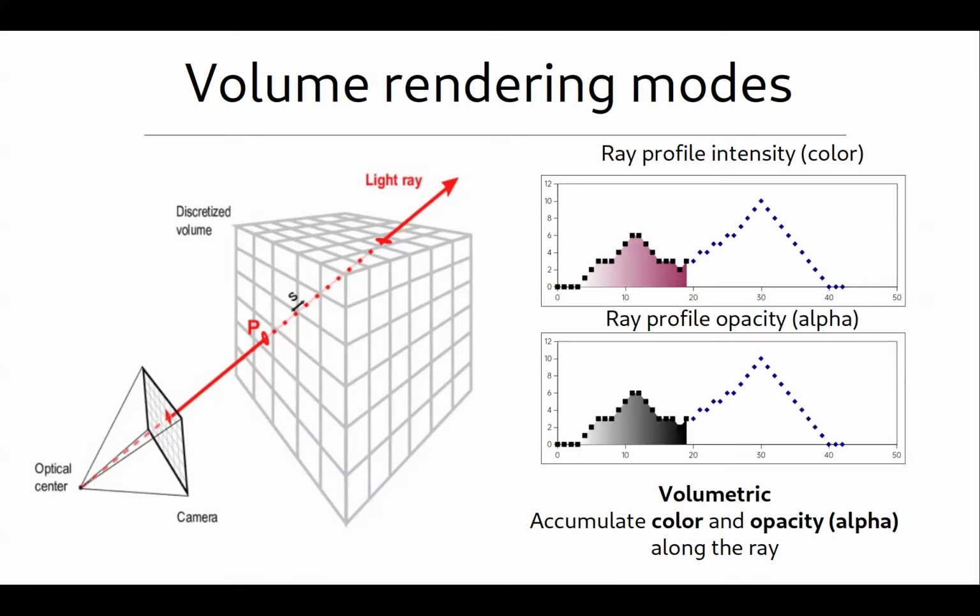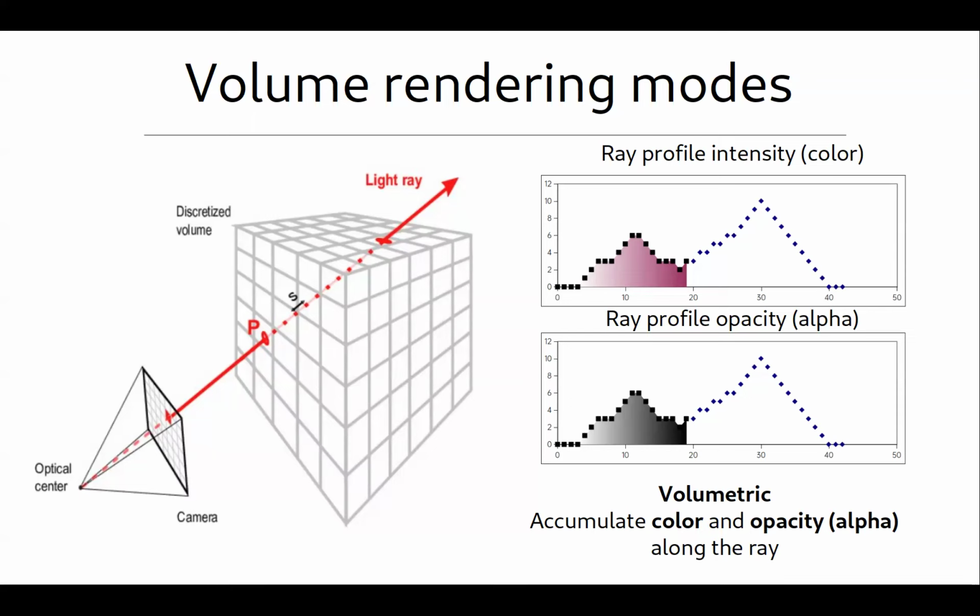The volumetric mode of rendering is a little bit more complicated. In volumetric mode, each voxel has not only a color, but also an opacity, which is 1 minus transparency. Opacity is usually called alpha. When we walk along the ray, we can imagine that each voxel becomes some kind of cube, which can be transparent or opaque, of different color.